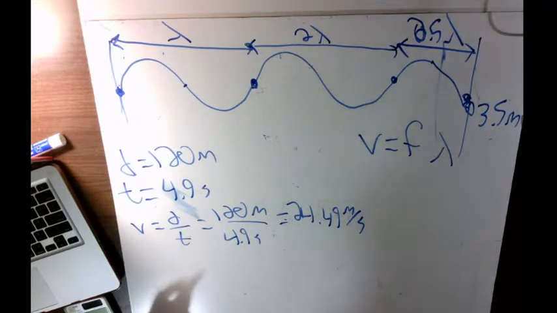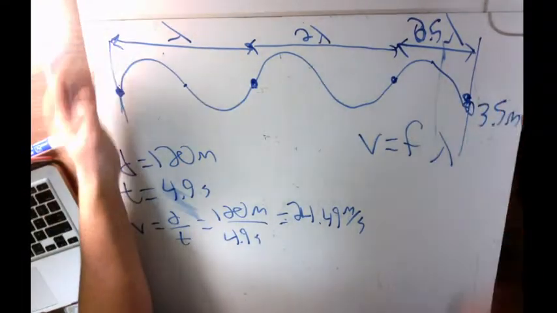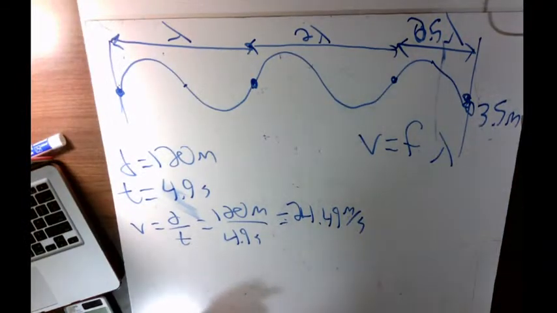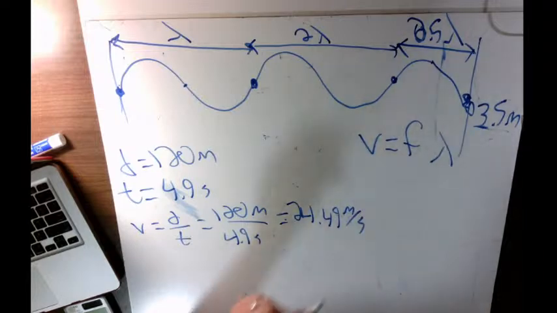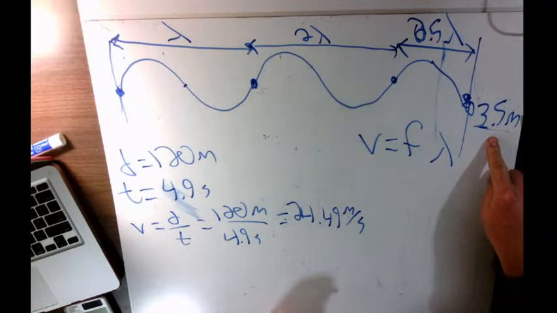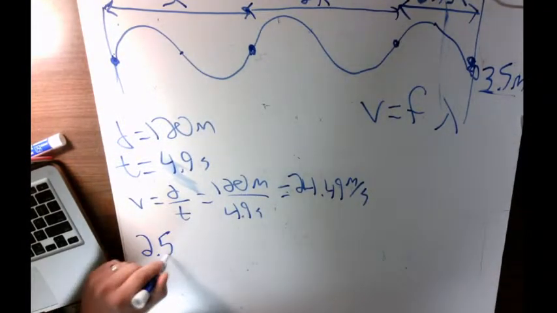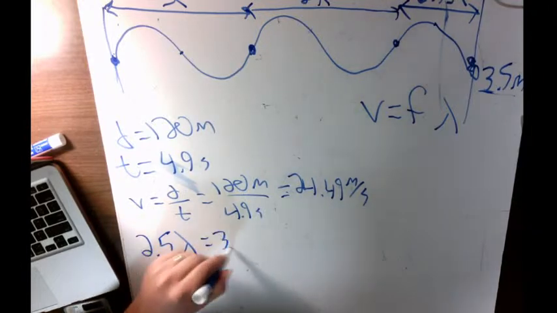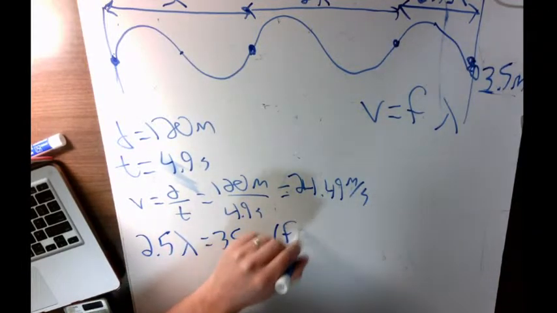You're going to be doing this a lot over our next couple of lessons. So best to get some practice and clarity on that. So from this diagram, we know that 2.5 wavelengths is equal to 3.5 meters. That's from our diagram.